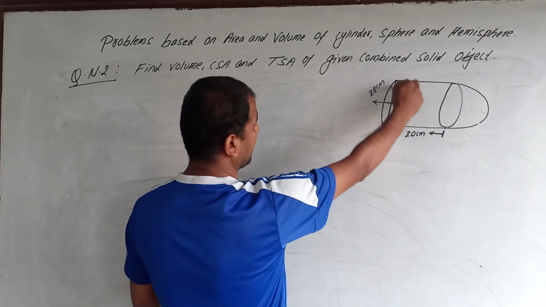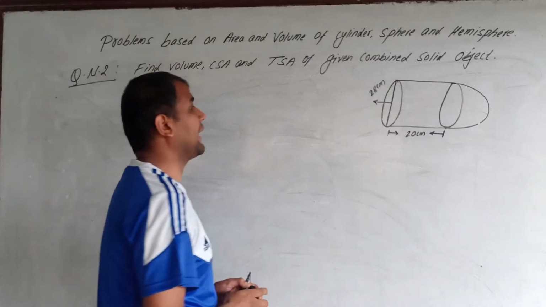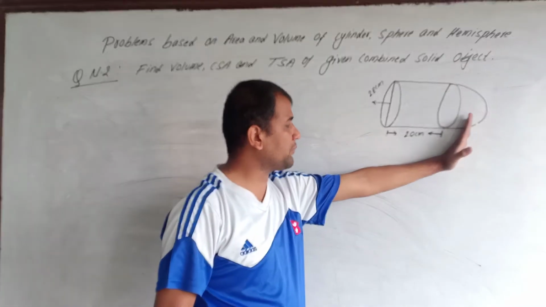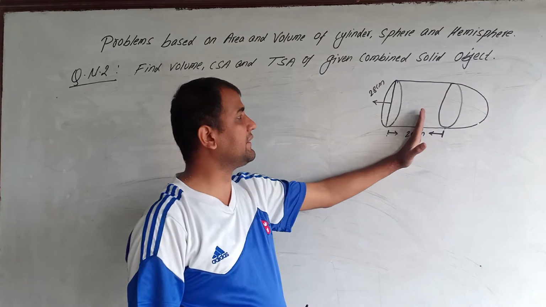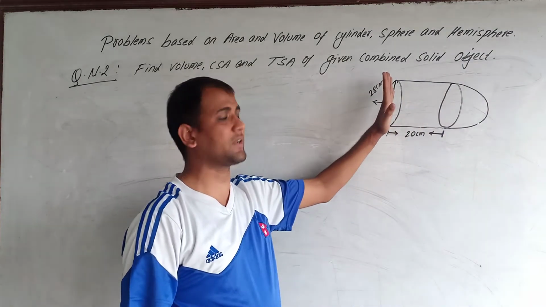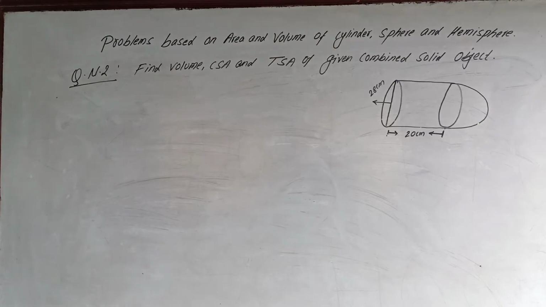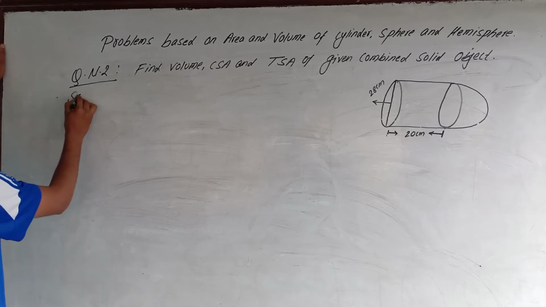Here, the remaining part is the area of the circle, and if we add CSA of hemisphere, CSA of cylinder, and the area of this base circle, then we find the total surface area of the combined solid object. So, without any delay, firstly we should find.